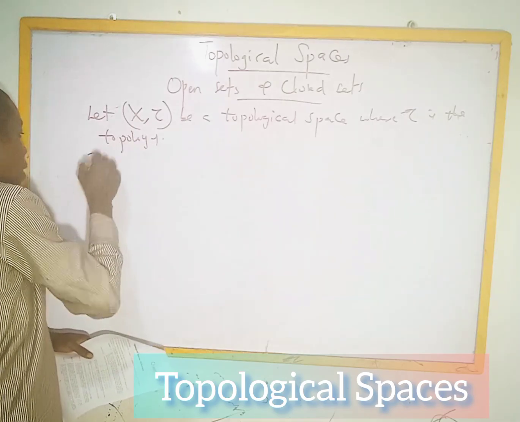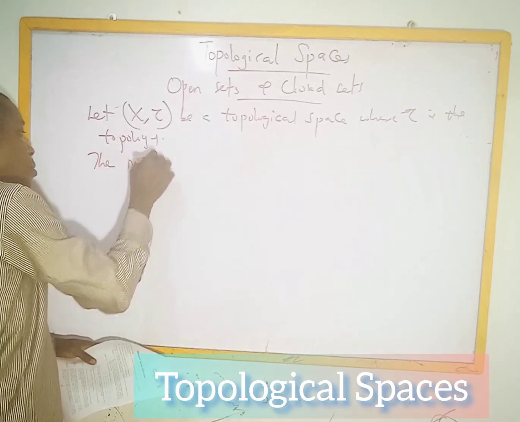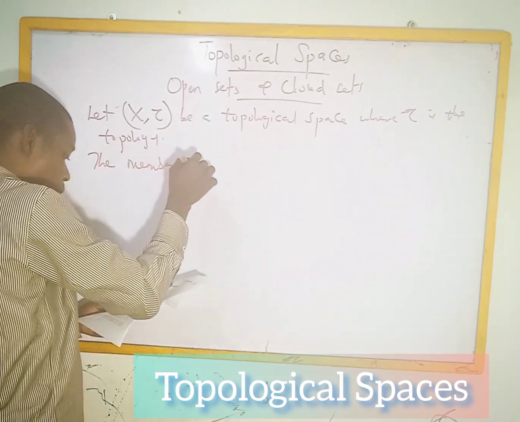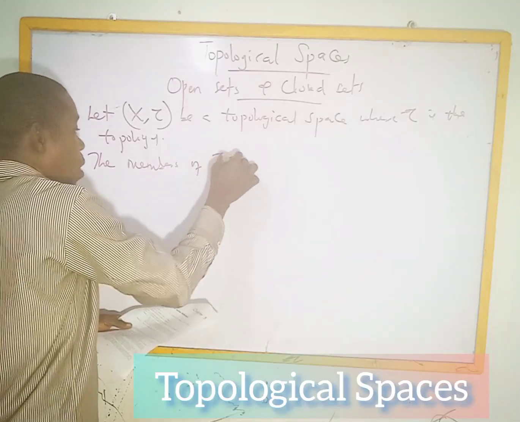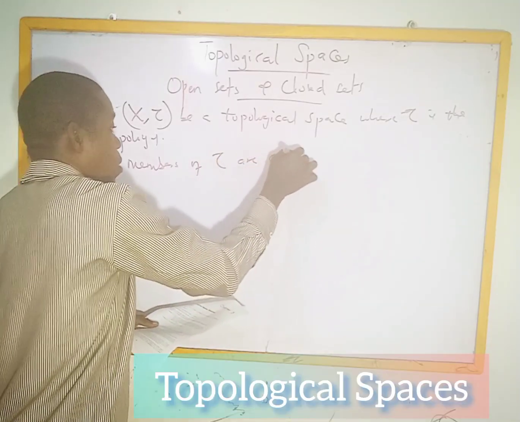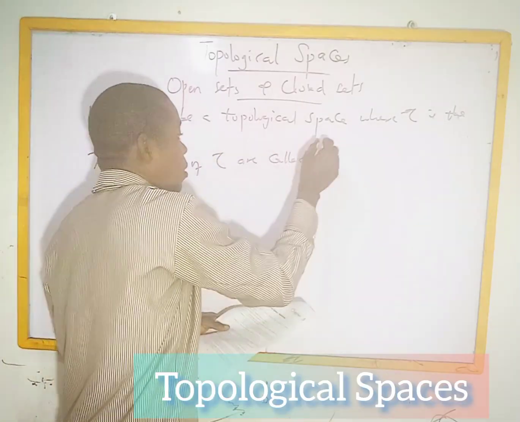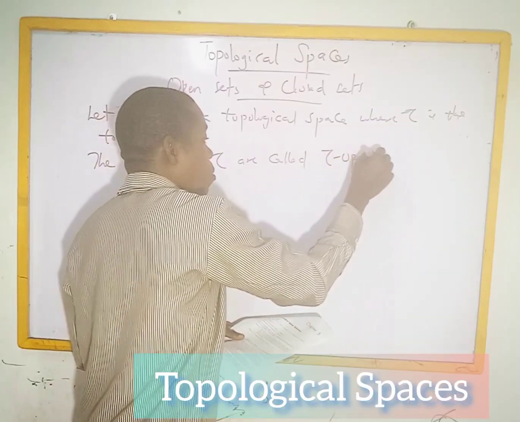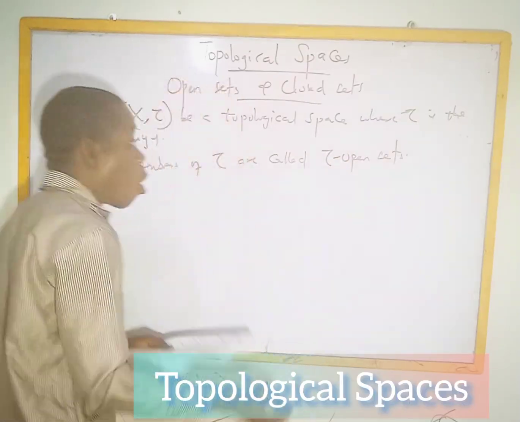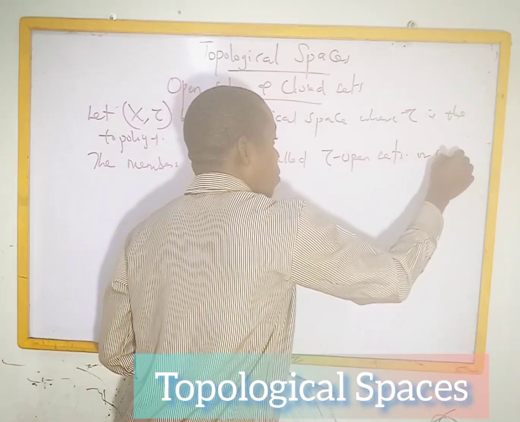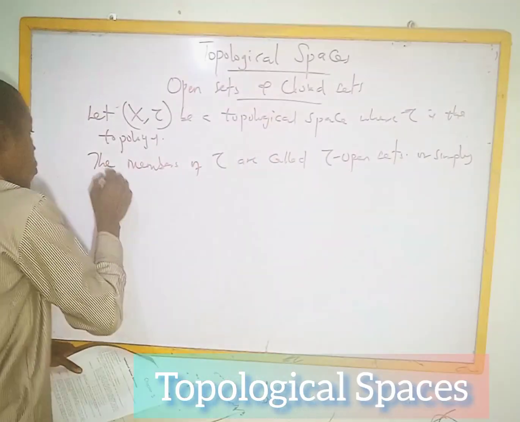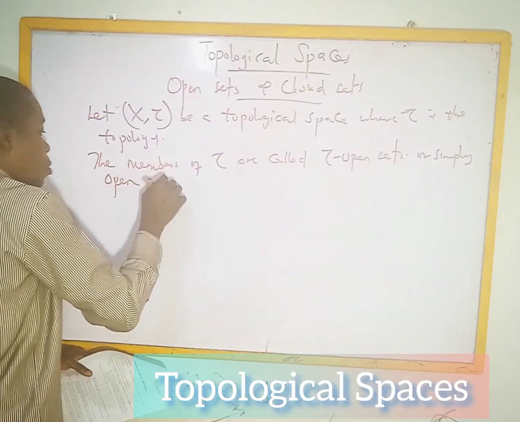Thus, the members of tau are called tau open sets, or simply open sets.